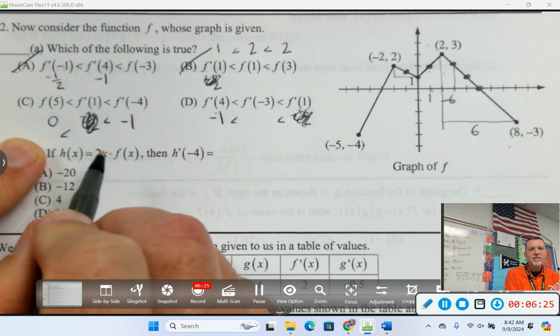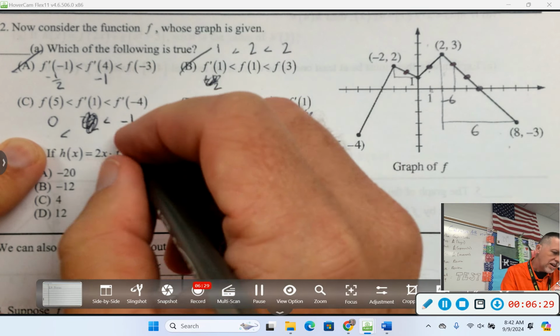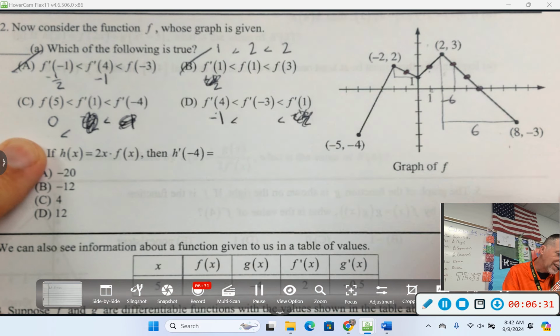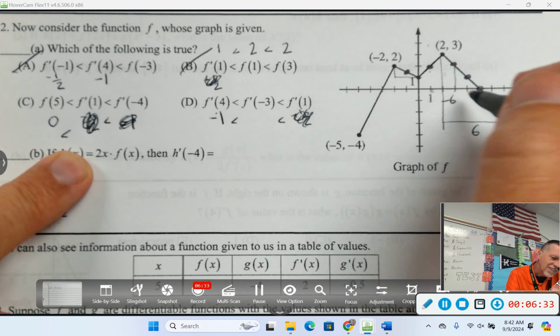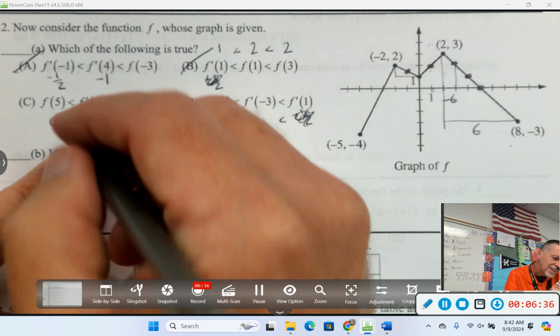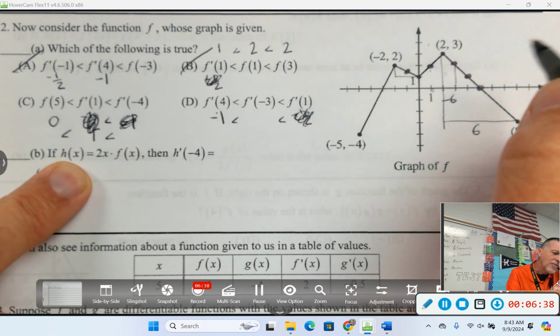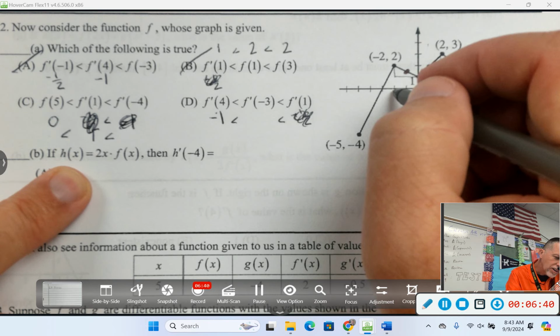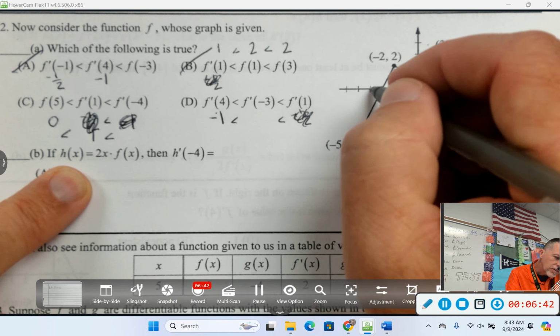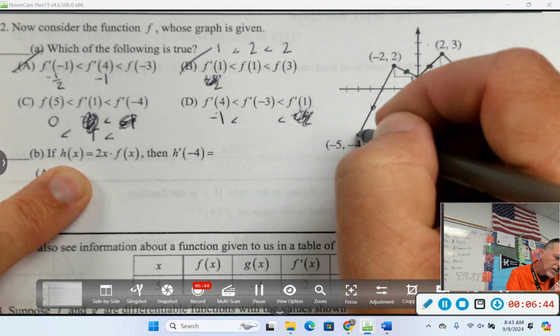But that's F prime of negative 4, and the first one is F prime of 4. Uh-oh, did I mess that up again? Goodness. F prime of 1 is 1. F prime of negative 4. 1, 2, 3, 4 is right there.